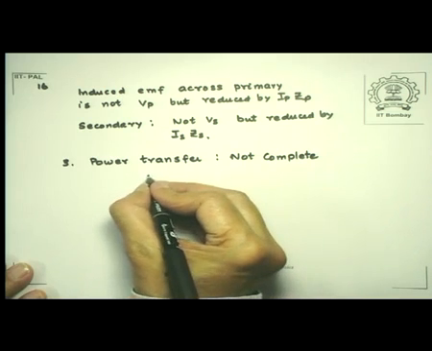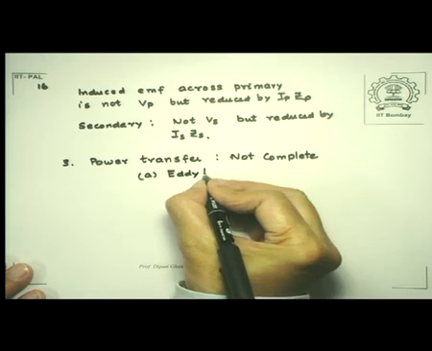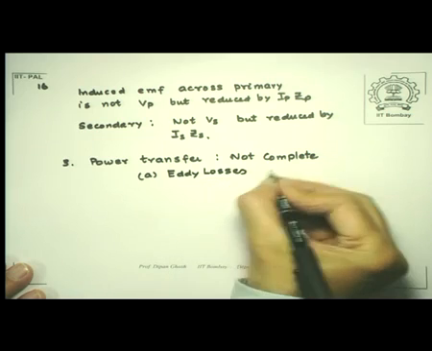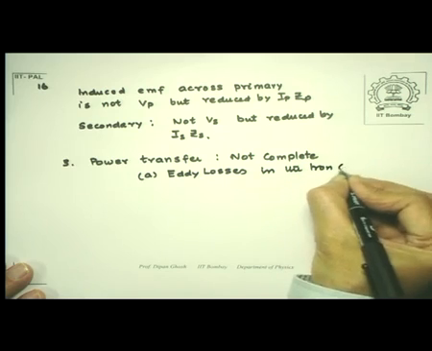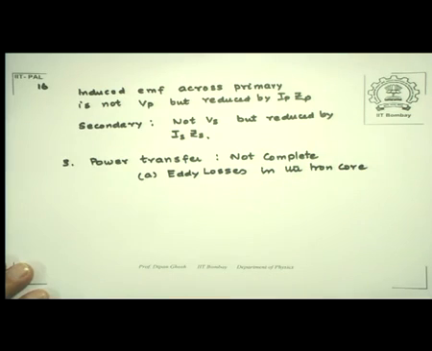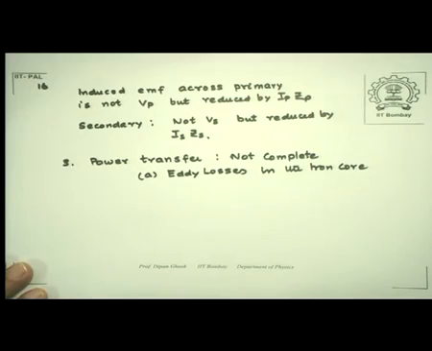The first one is because of eddy losses in the iron core. This can actually be minimized by taking laminated elements, but this will lead to heating, which will reduce the amount of power transfer.